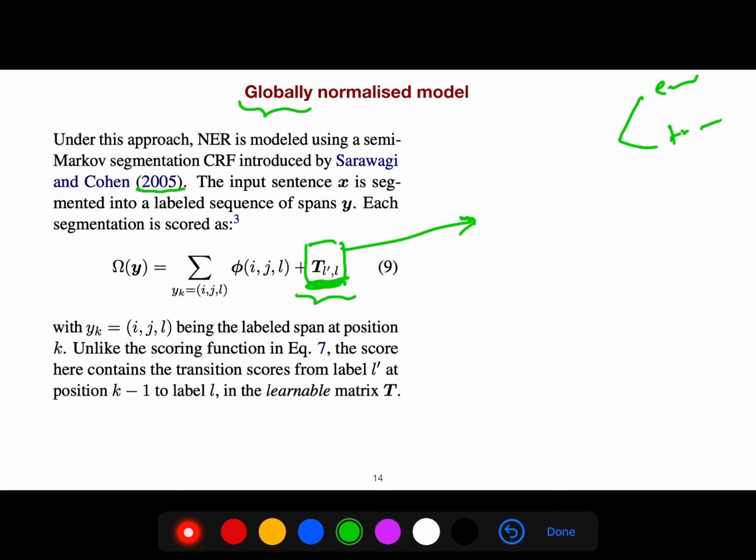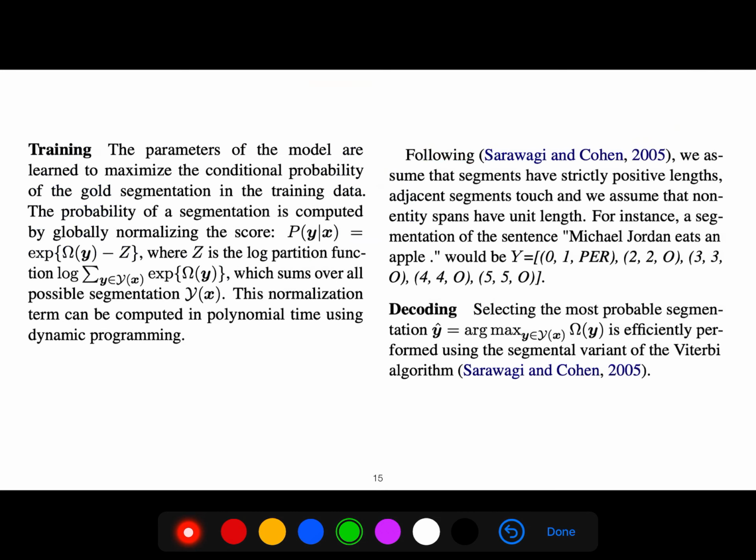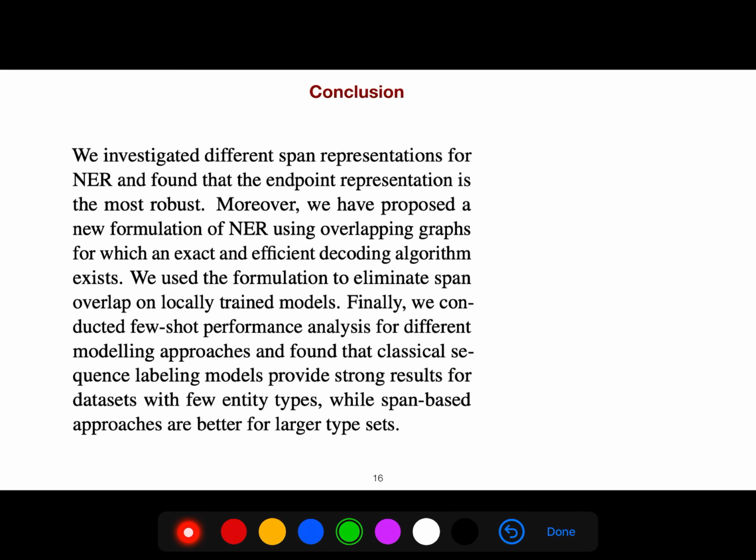It's not just a span prediction, but we also care about the global information as well. And the rest of that is standard. Of course, we use the Viterbi algorithm for decoding, selecting the most probable segmentation. But you can do it brute force or very efficiently using the Viterbi algorithm.